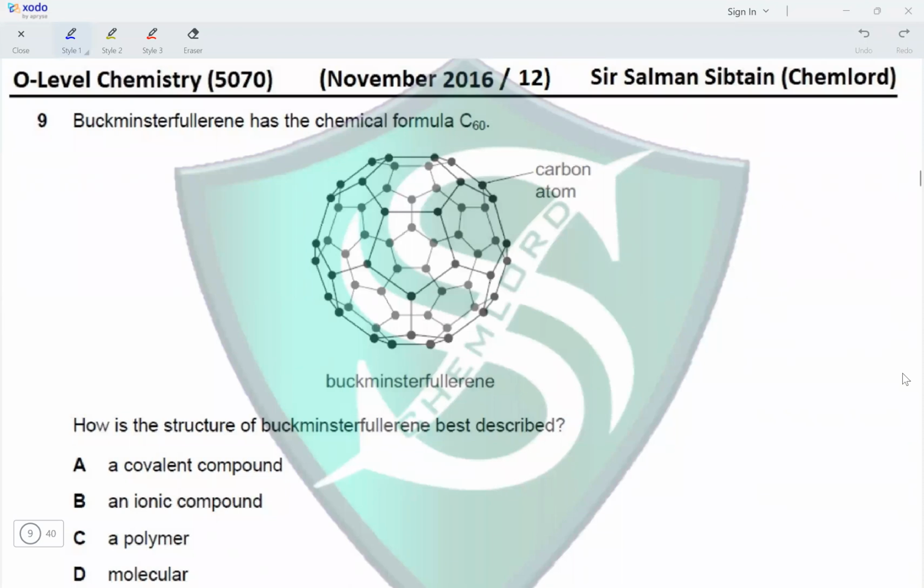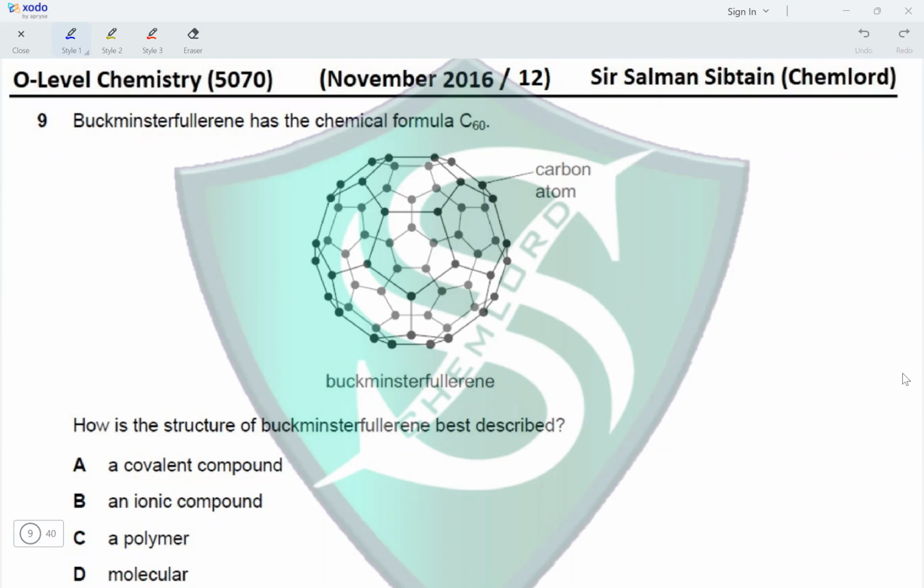Question 9. Buckminster fullerene has the chemical formula C60 and it is made up of 60 carbon atoms in the shape of a hollow sphere. How is the structure of Buckminster fullerene best described? A covalent compound, an ionic compound, a polymer, or molecular.